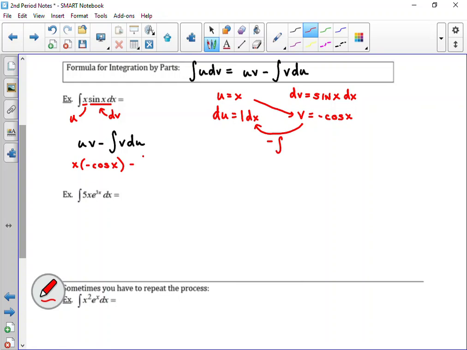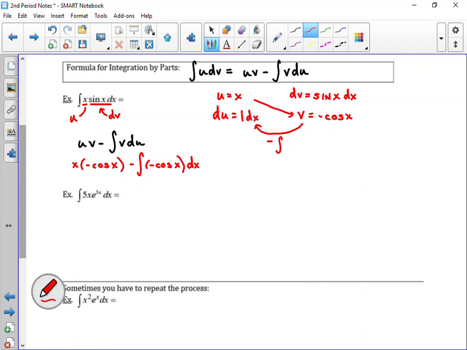Okay, so the integral of v is negative cosine, and du is 1 dx. Then you just simplify by integrating this. So what's the integral of negative cosine? Negative sine.